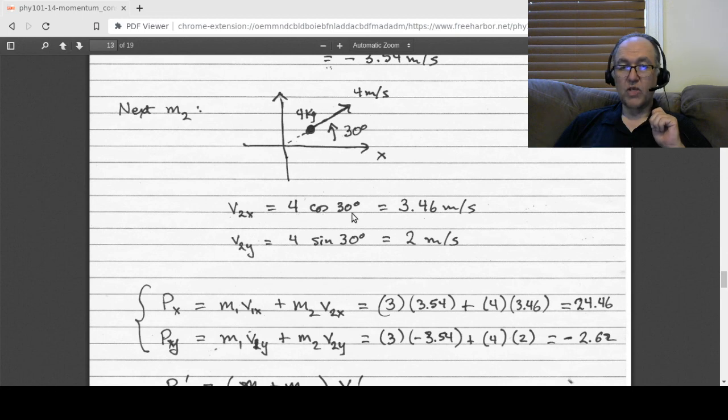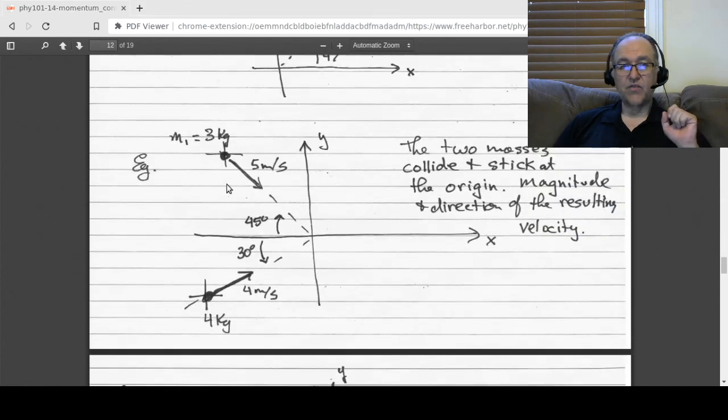So 4 cosine 30 degrees is 3.46 meters per second, there's your x component. And your y component is 4 sine 30 degrees, which is 2 meters per second. So all that work was just to get this 5 meters per second velocity and break it into x and y components, and this 4 meters per second and break it into x and y components.